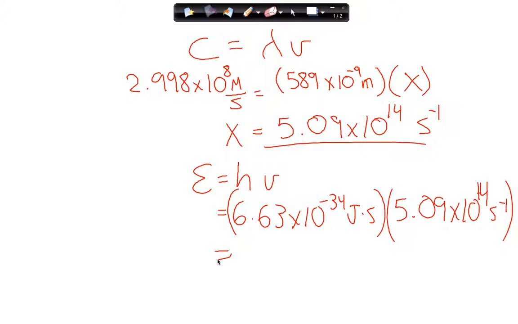Did anyone get the answer? Yep. What is it? 3.37 times 10 to the negative 19th joules. So guys, what does that mean? It means every photon of light that comes out of that yellow vapor light that's lighting up your basketball court, every photon that comes out of there has this amount of energy associated with it.